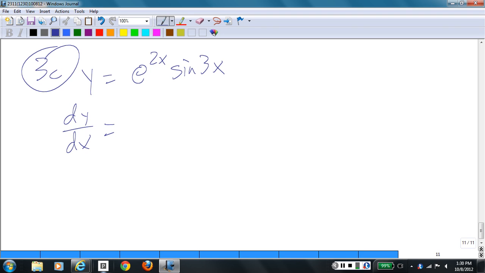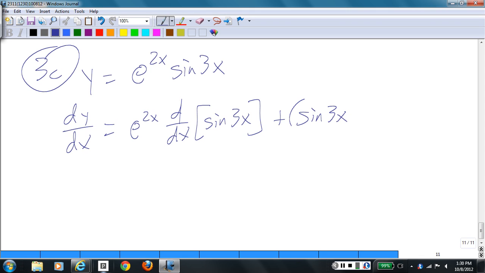So it's going to be the first times the derivative of the second plus the second times the derivative of the first. So there's the product rule aspect.